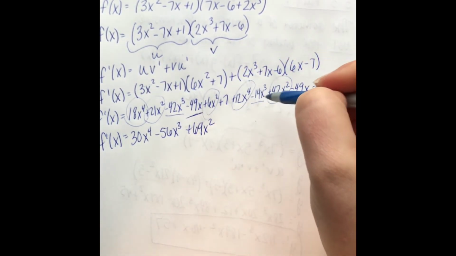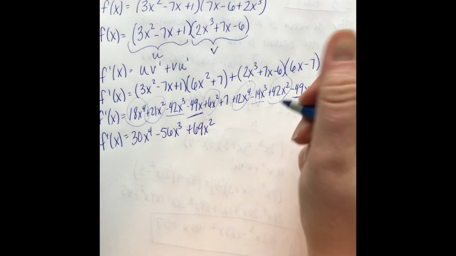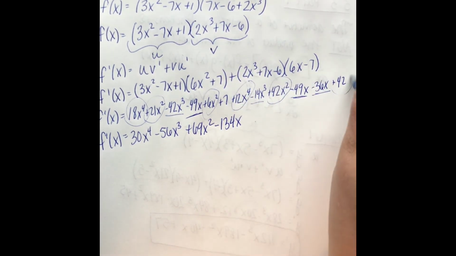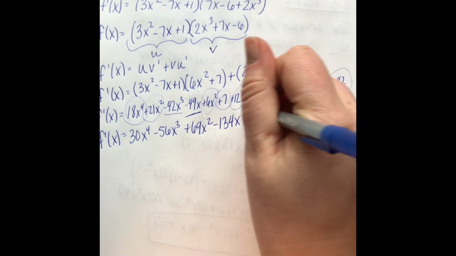Negative 49x, minus 49x, minus 36x, minus 134x. And then 42 plus 7 plus 49.